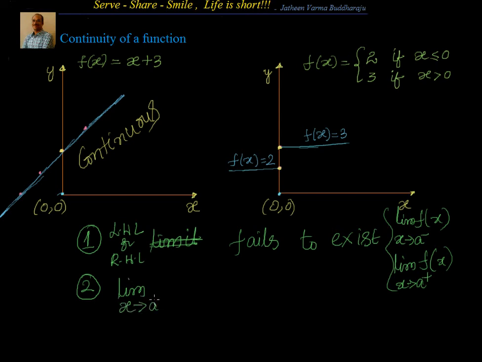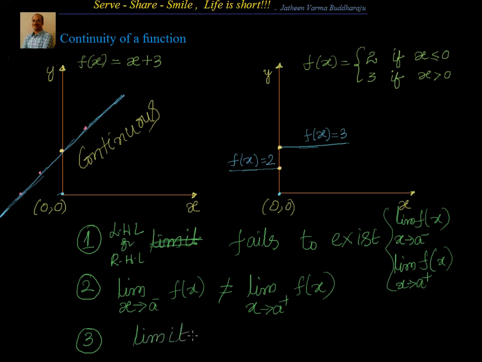That means limit x tends to a minus f of x is not equal to limit x tends to a plus f of x. The other thing can be, both limits exist and are equal, that means the limit exists, but it is not equal to f of a.